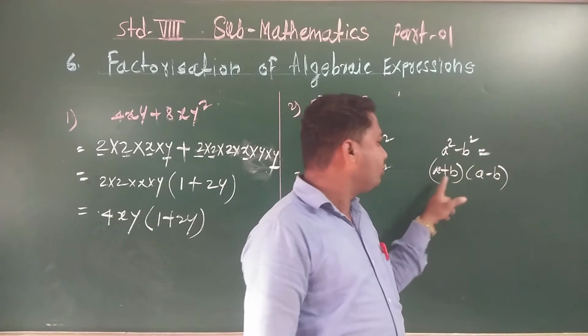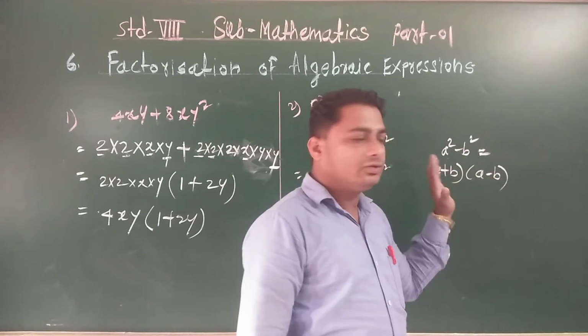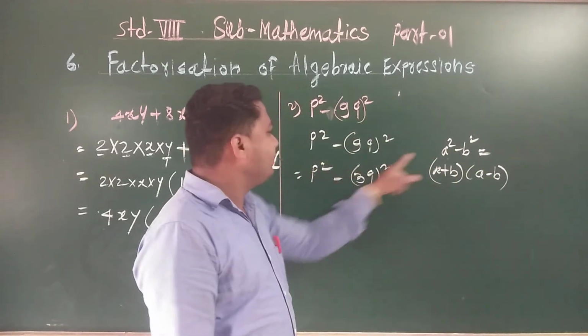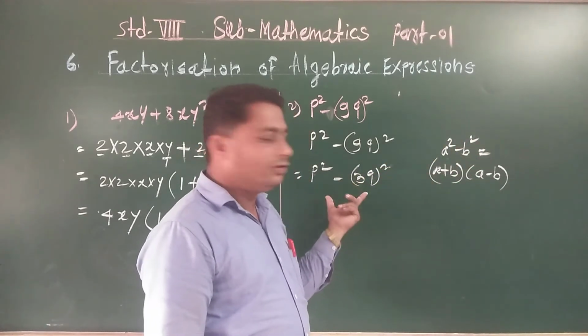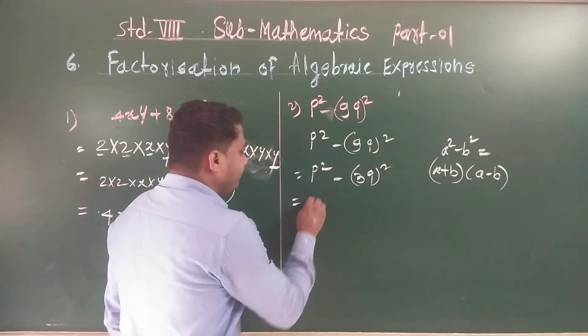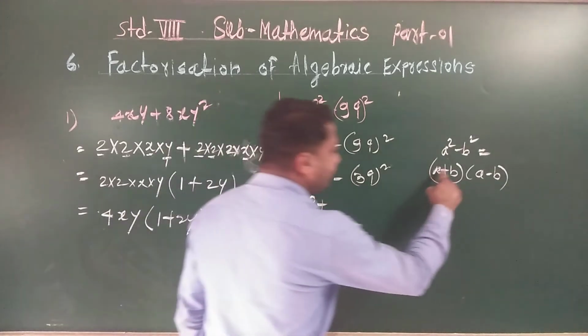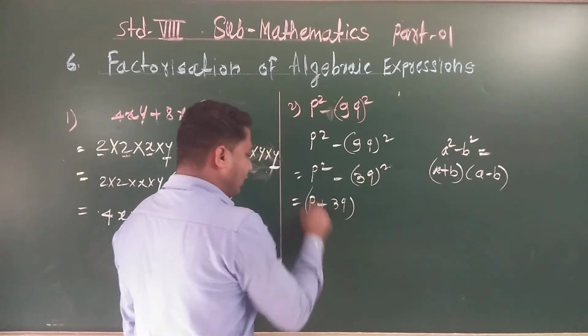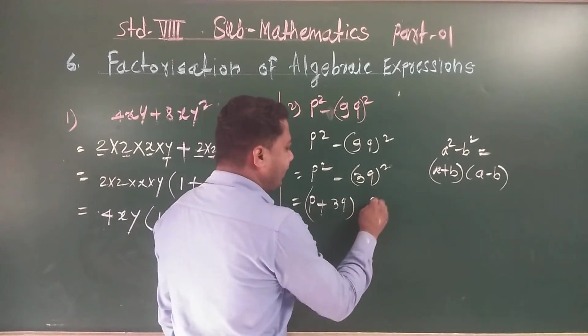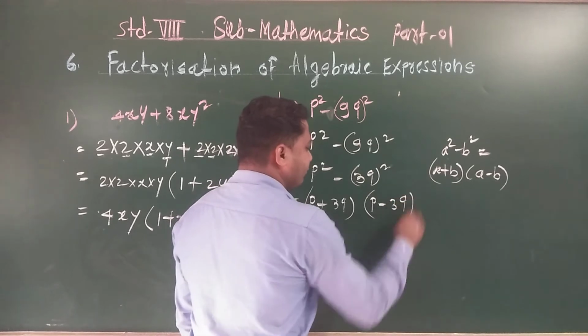a square minus b square is equal to a plus b, a minus b. So here p square means a square and 3q means b. Use that identity. So a plus b means p plus 3q, and p minus 3q. Okay.